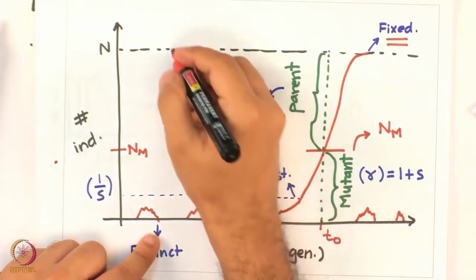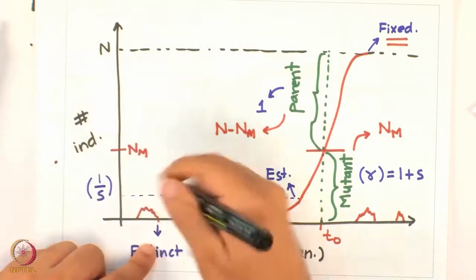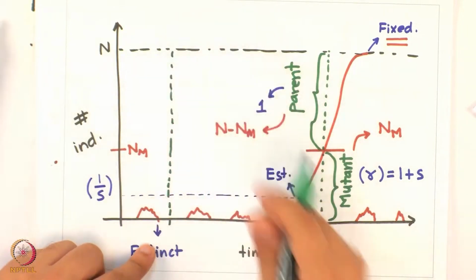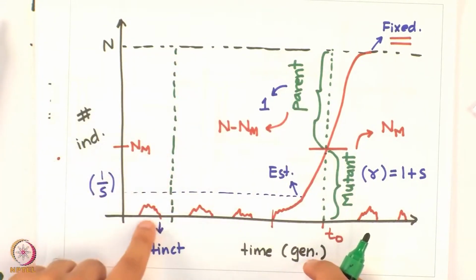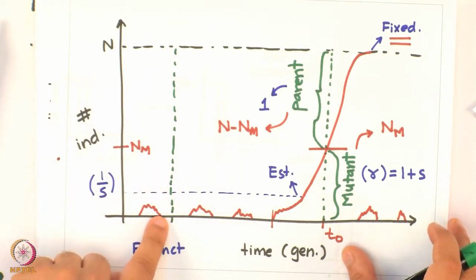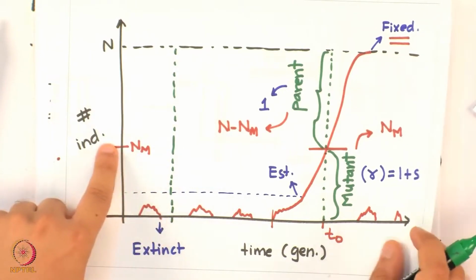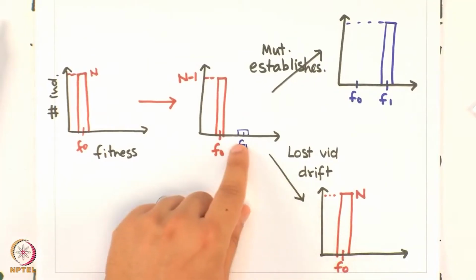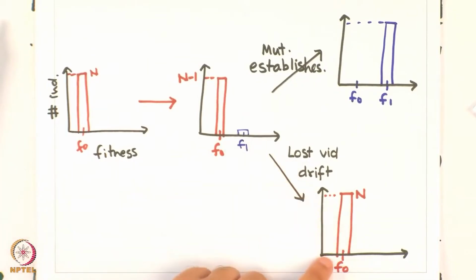Hence, if I were to look at this time point, all individuals in my population are of parent genotype because the number of mutant individuals has gone to 0. So, all individuals belong to the parent genotype that I started with, which is exactly the same in this representation where this mutation was lost via drift. All individuals in the population belong to the parent genotype, which has a fitness equal to F0.